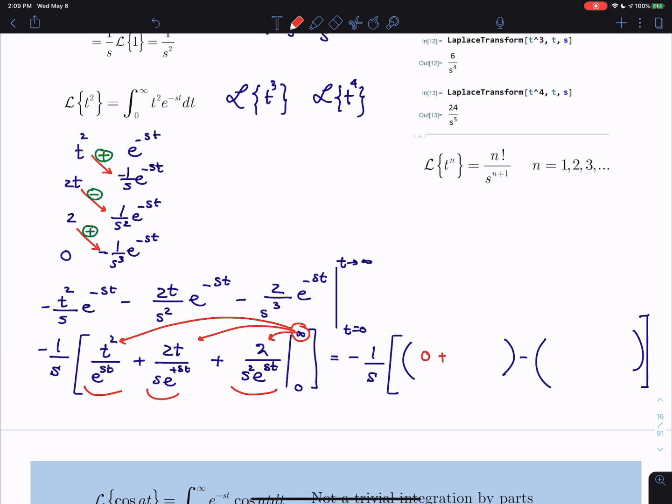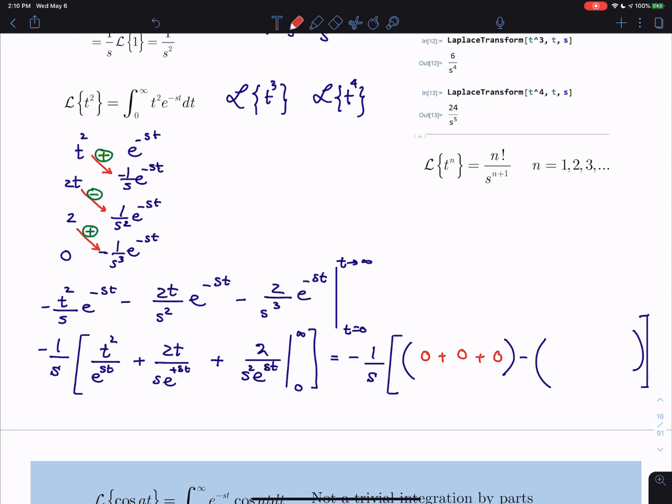So 0 plus, in the second one here, I also see t is of exponential order, so it obviously grows slower than e to the st, so that goes to 0. And the third one definitely goes to 0. So now let's evaluate all 3 of these, and I'm going to change my parentheses color.